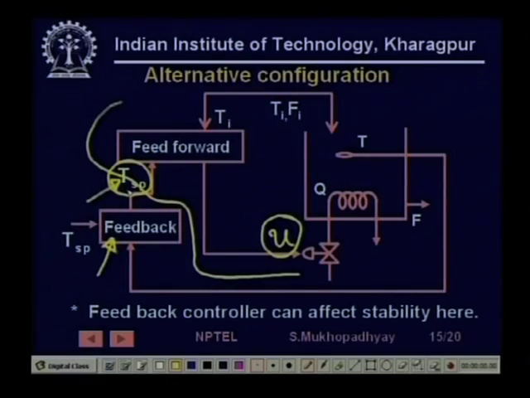The feedback controller looks at the temperature and, depending on the error, it keeps on raising or reducing the set point to the feed forward, which gives its control input accordingly. So, these are two different configurations in which a feed forward controller can be combined with a feedback controller, and here also the feedback controller can affect stability.